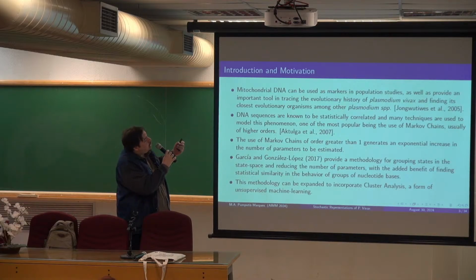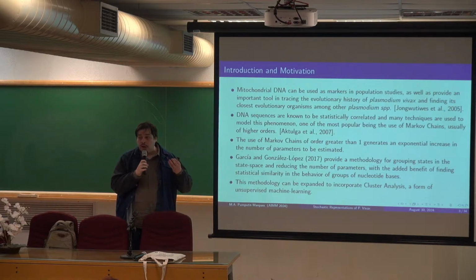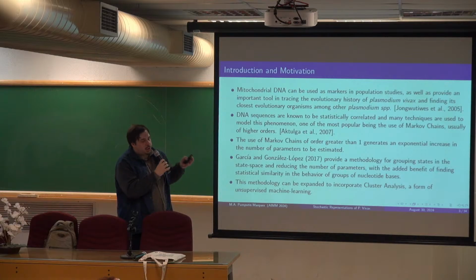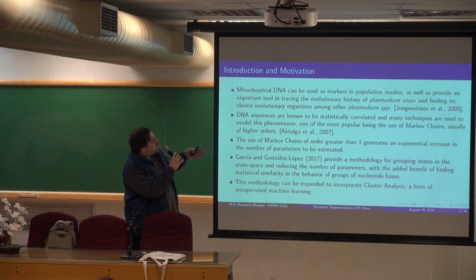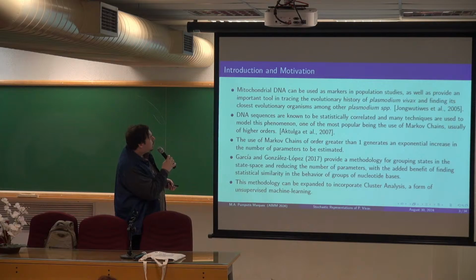Right? It can be used as markers in population studies, and it's also very used to trace the evolutionary history of any organism, really, but in this specific case of Plasmodium vivax, and finding its closest evolutionary organisms among the other Plasmodium species, for example, falciparum and all the others.